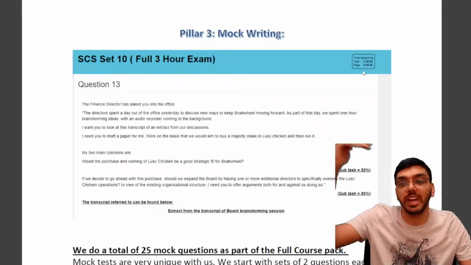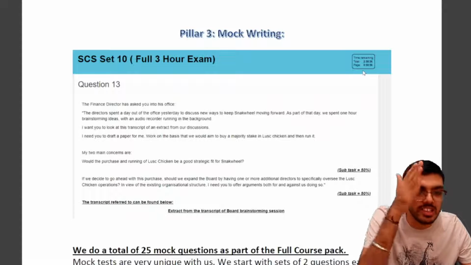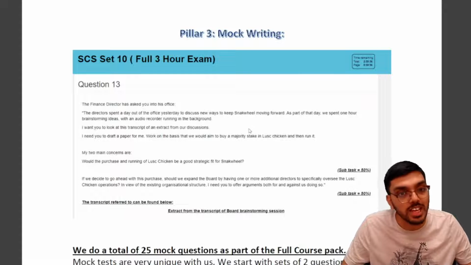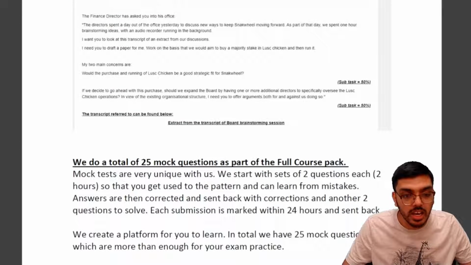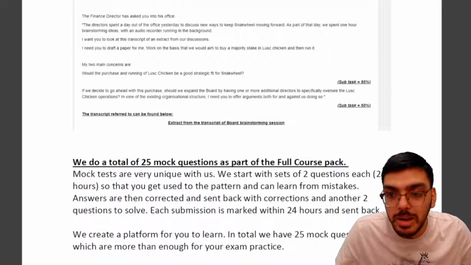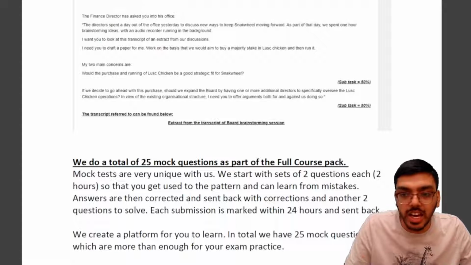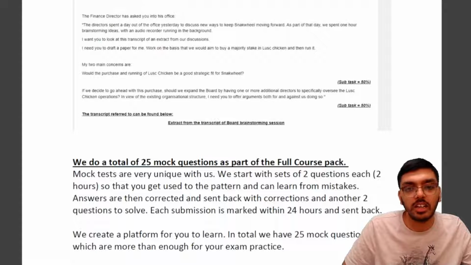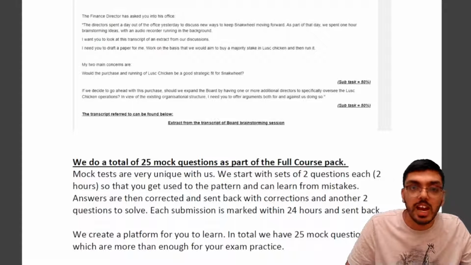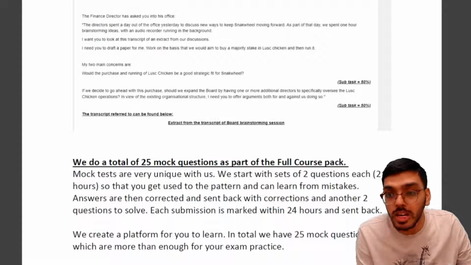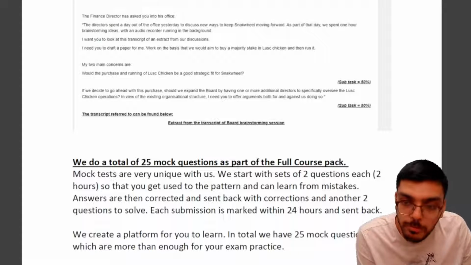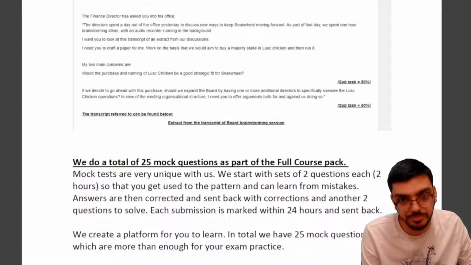It is done on our exam portal and is exactly like the exam, in the pattern of the exam. And every single answer that you write with us will be marked, checked and corrected exactly like the exam, with full integrity, by our professional markers, and we'll send it back to you so that you can learn, so that you can improve, so that you can put one step forward in your preparation.